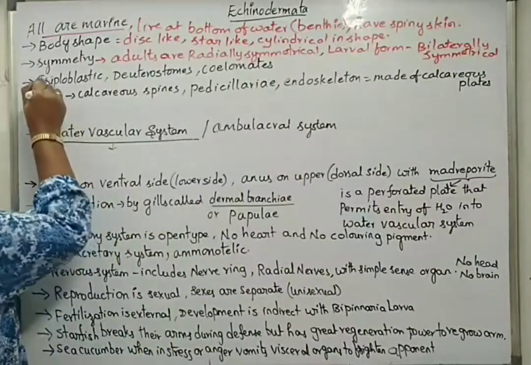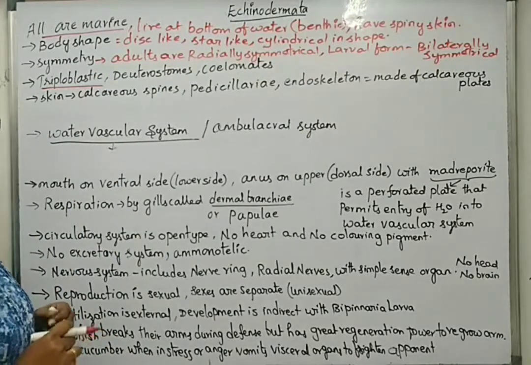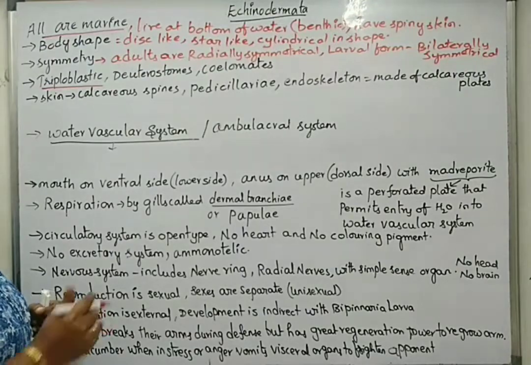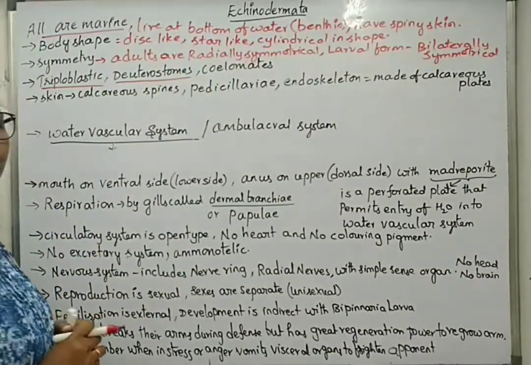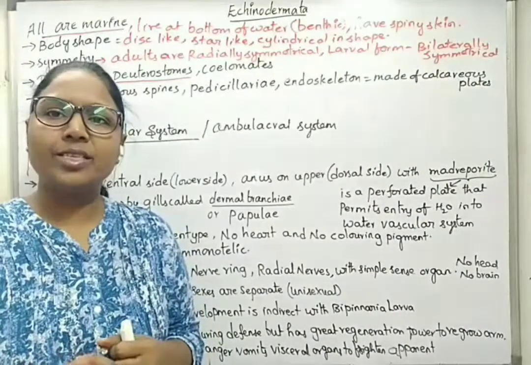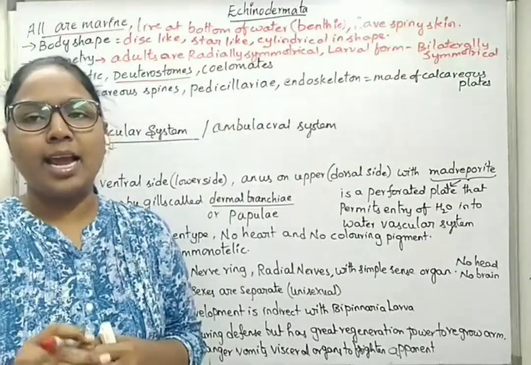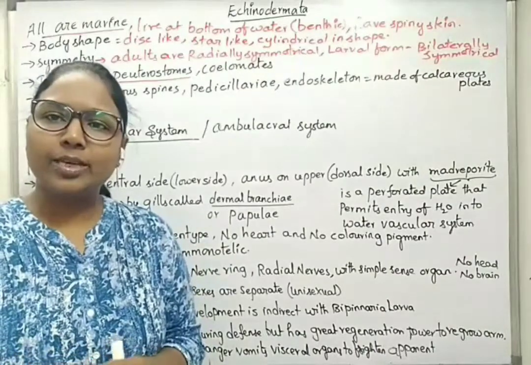They are triploblastic organisms, which means during embryonic development they show three germ layers called ectoderm, mesoderm and endoderm. Echinoderms are considered deuterostomes. During embryonic development, the blastopore first gives rise to the anus and later the mouth. Such organisms are called deuterostomes.